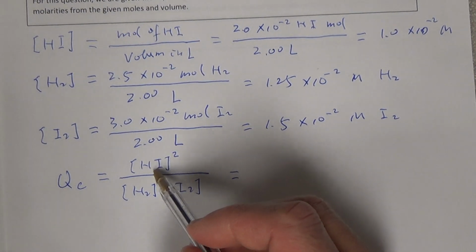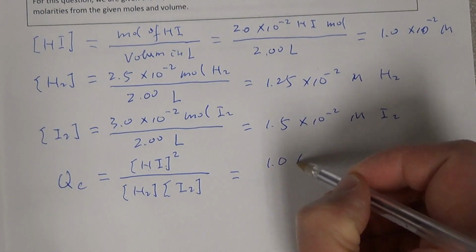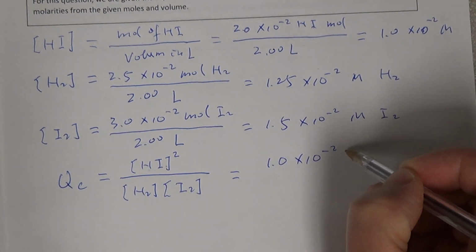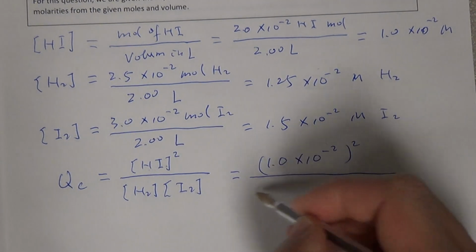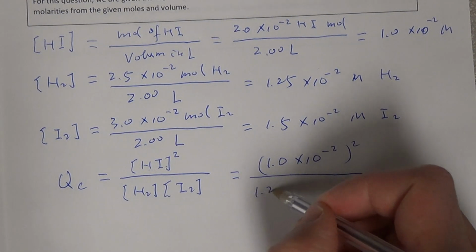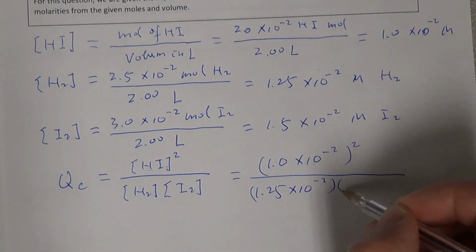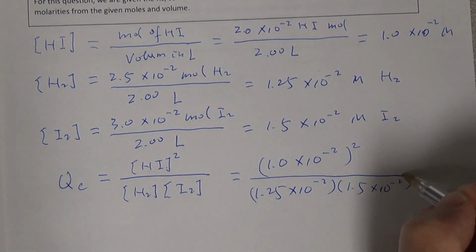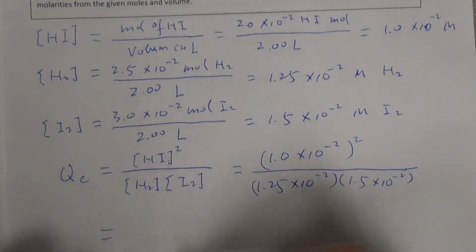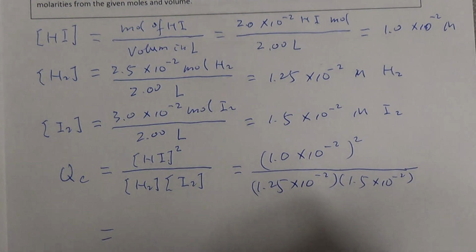The HI concentration is 1.0 times 10 to the negative 2, which we square, divided by H2, 1.25 times 10 to the negative 2, times I2, 1.5 times 10 to the negative 2. Then you multiply and divide.